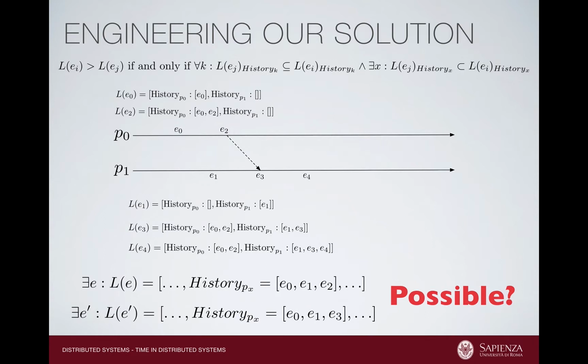So it's not possible that the timestamp of E contains a history of a process Px with three events, for example E0, E1, E2, and the timestamp of E prime contains the history of process X with events E0, E1, E3, so that they are different.